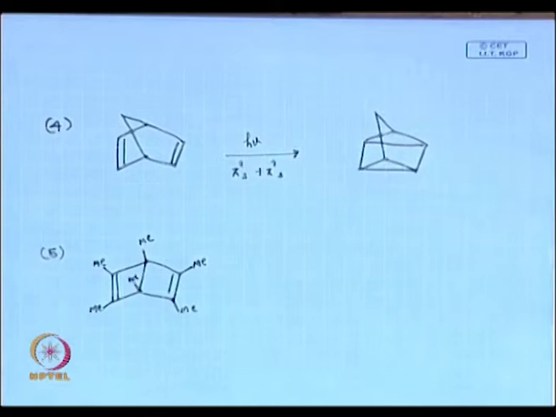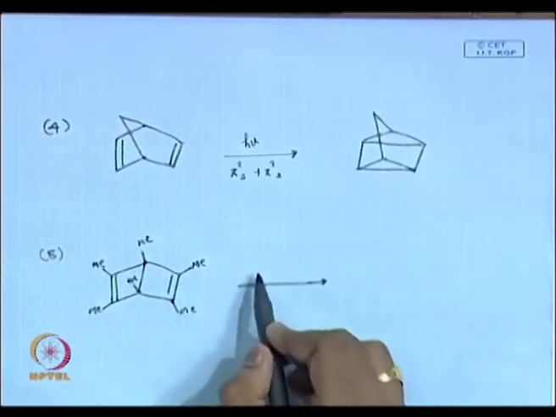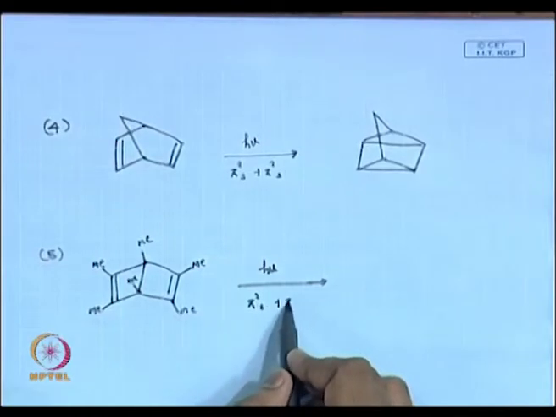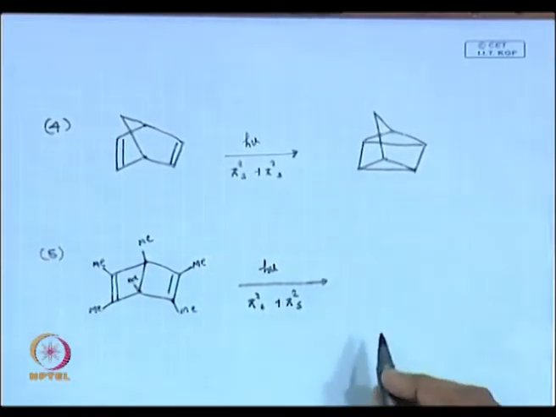Where we have studied this type of Dewar benzene. It is a methyl substituted type of Dewar benzene, and once you photolyze this, it again undergoes a nice pi 2s plus pi 2s system. Can you draw the structure? It will be interesting to draw the structure.